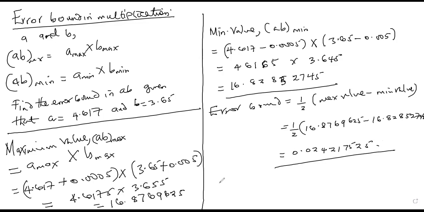So to all viewers, I want you to do this error bound, given that A is equal to 4.617 and B is equal to negative 3.65.